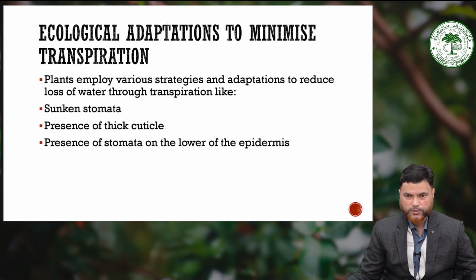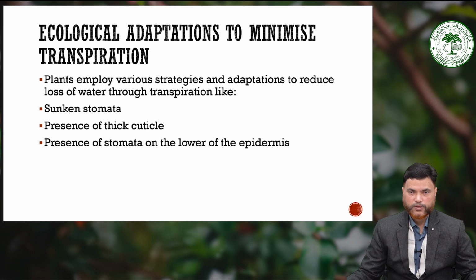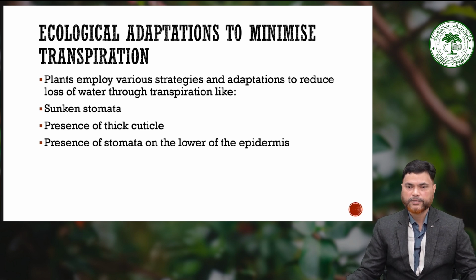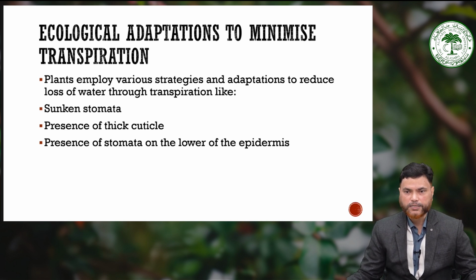You might have observed that plants growing in desert conditions face a sort of water crisis. In such conditions, the plants need to somehow limit the rate of transpiration, and desert plants generally reduce the surface area of the leaf, possess sunken stomata, have a thick cuticle, and generally their stomata are open during night.